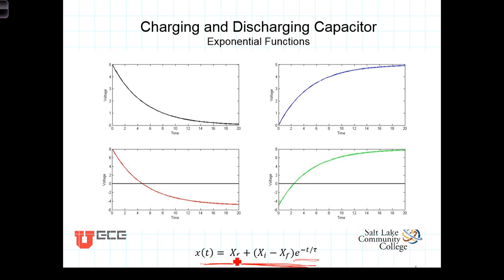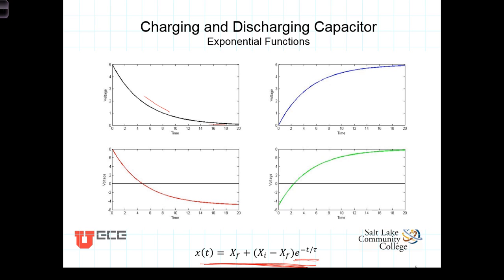This is meant to represent, say, x can either be a voltage or a current, but we can say then that the voltage or current on a capacitor is equal to the final value that the capacitor is going to attain plus a quantity of the initial voltage on the capacitor minus the final voltage on the capacitor times this exponential function.